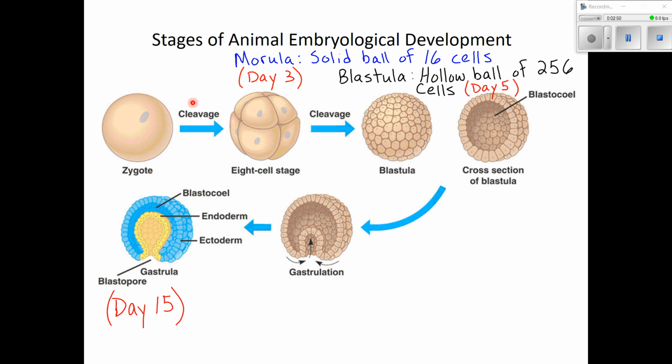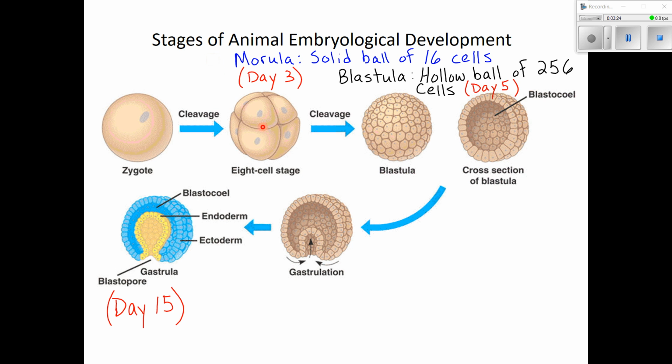It's just rapid, repetitive cell division, where the zygote divides to make two cells, which divide to make four cells, which divide to make 8 cells. We're looking at the 8-cell stage. If we could see one frame past this, we would see the 16-cell stage, which is technically the defining point of what we call the morula. A morula is just a fancy term for a solid ball of genetically identical cells.